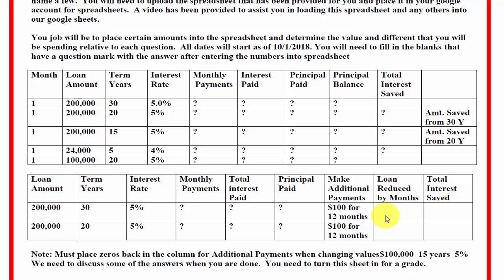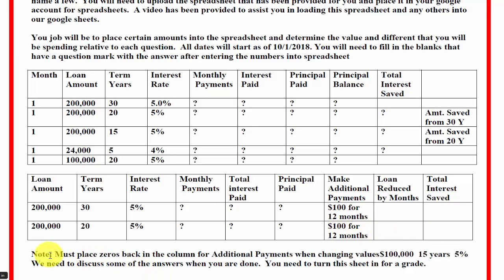And we want you to figure out how much the loan is reduced by per month and the total interest that you'll save. And again, the spreadsheet will tell you this. And then the next one is $200,000 for 20 years at 5%, and it too is going to have you reduce it with $100 extra for 12 months and figure out these two numbers.